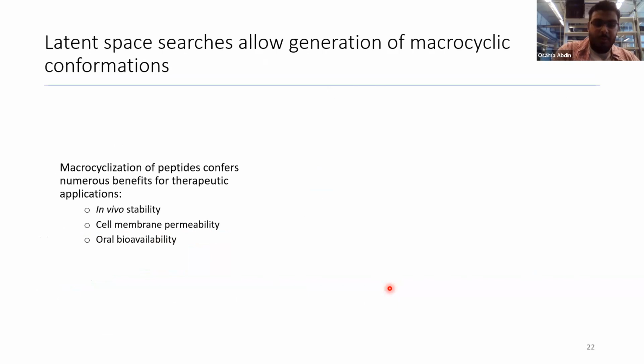Yeah, so one final application we looked at is to assess whether or not PepFlow could generalize to the sampling of macrocyclic conformations. Macrocyclization is a process by which covalent bonds are enzymatically added to non-adjacent atoms in peptides, and from a therapeutic development perspective, this confers a number of advantages: increased in vivo stability of peptides, cell membrane permeability, and oral bioavailability.